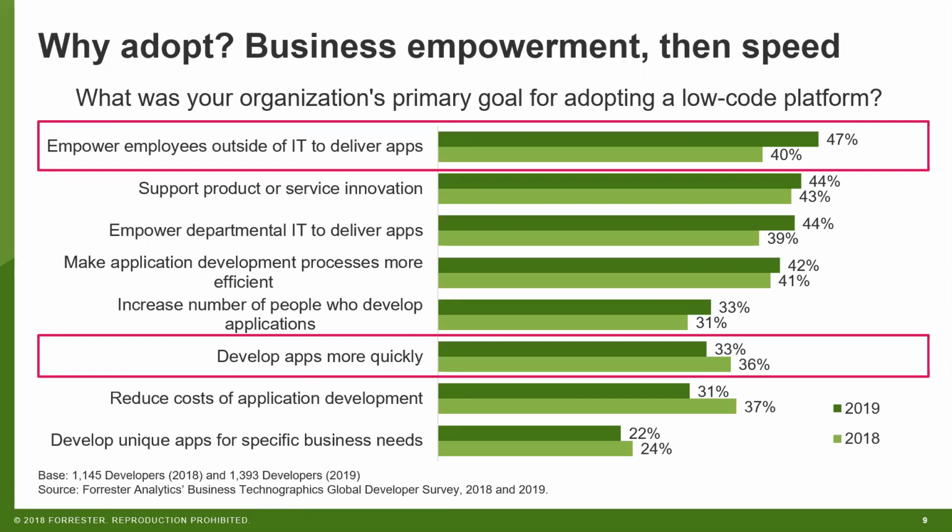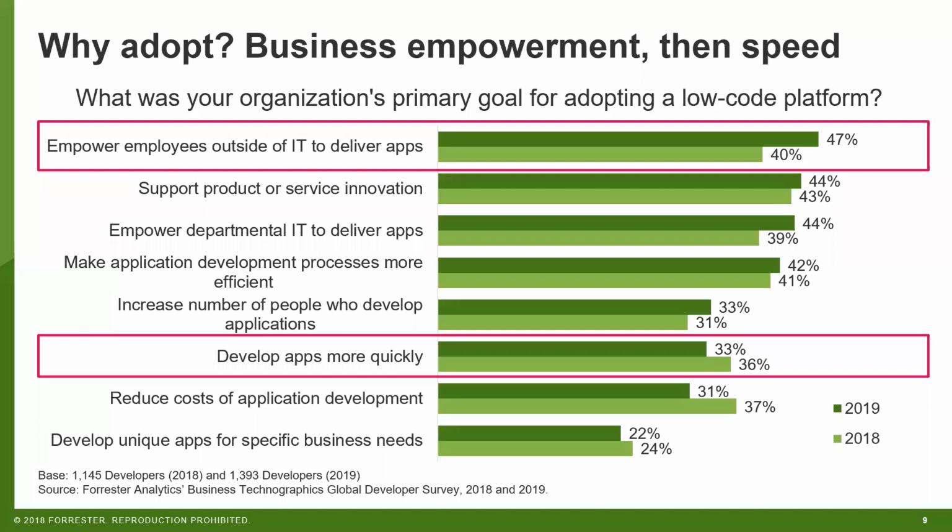We sometimes call it the developer diaspora. It's pushing developers out of central IT and into business units so that they can work much more effectively with the business leaders, understand the requirements much better, and therefore deliver software much more quickly, software that is an accurate reflection of those requirements.